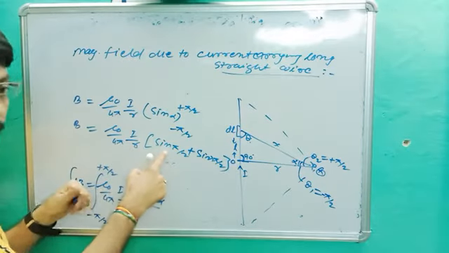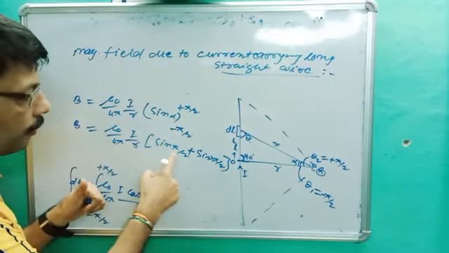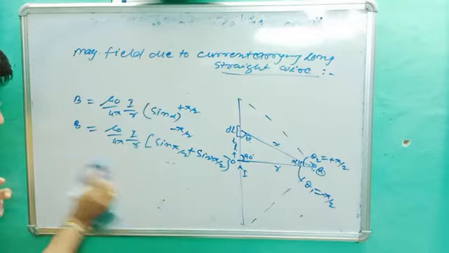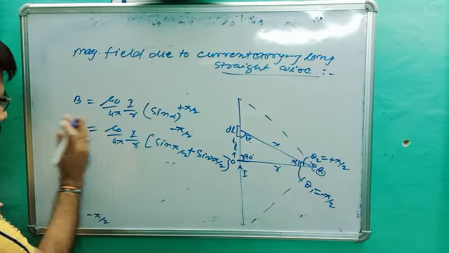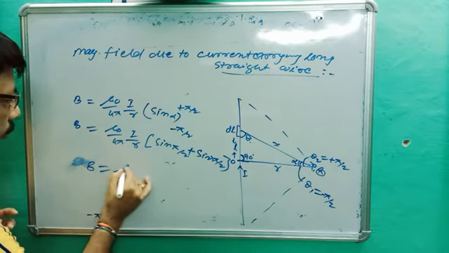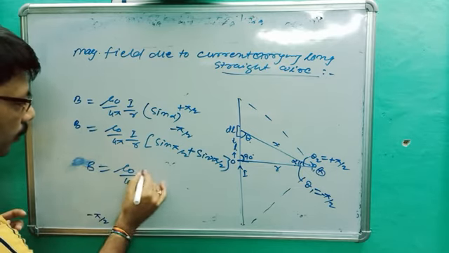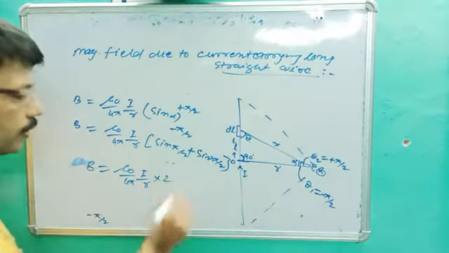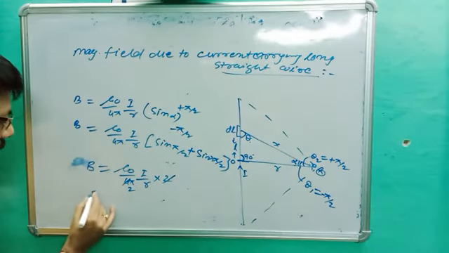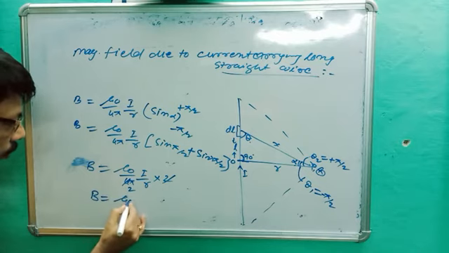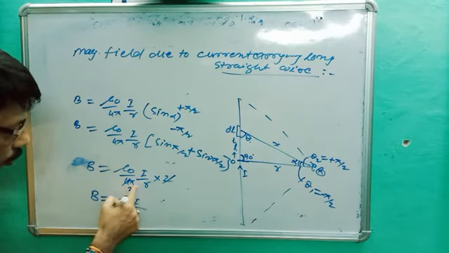Sine pi by 2 is 1, so 1 plus 1 is 2. B is equal to mu naught upon 4 pi, I upon R, multiplied by 2. If you want, you can cancel the 2 and we get the exact answer: B is equal to mu naught I upon 2 pi R.